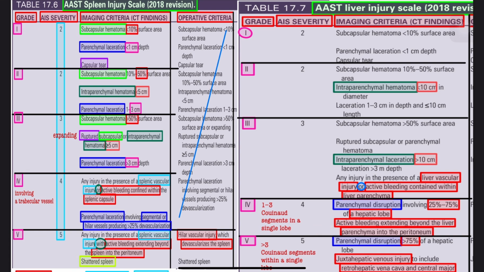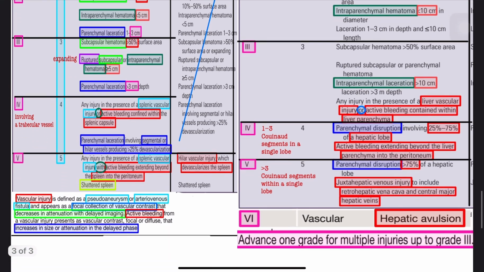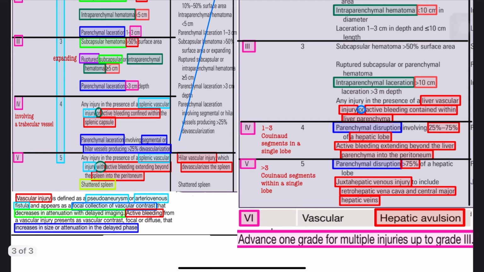Now come to grade 5. Grade 5 of spleen: any injury in presence of splenic vascular injury with active bleeding extending beyond the spleen into peritoneum. Beyond spleen it is 5, or shattered spleen is also grade 5.